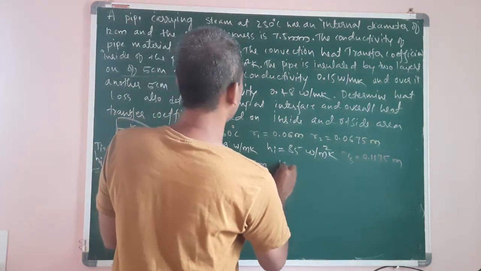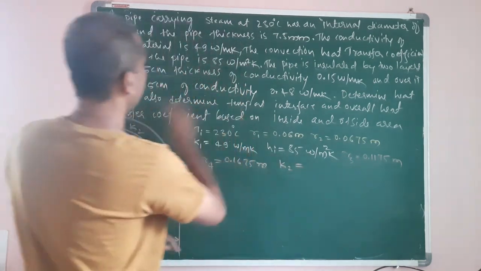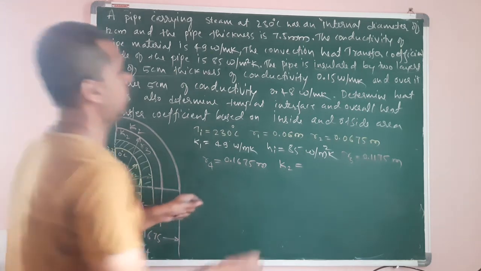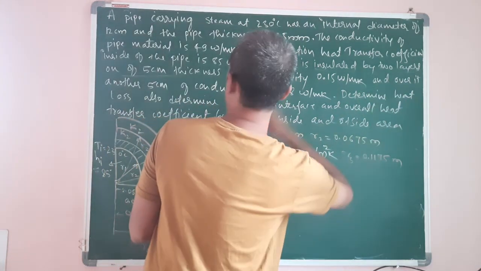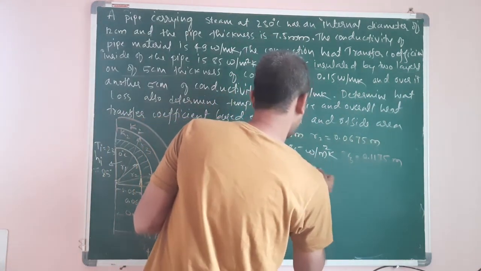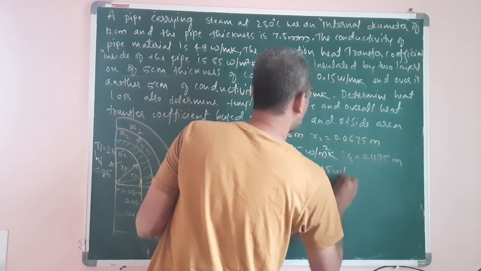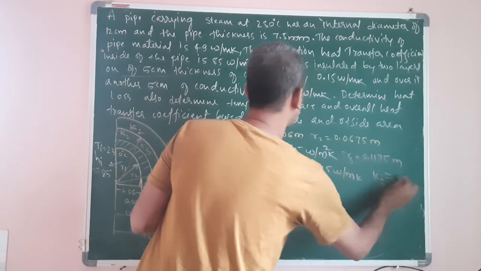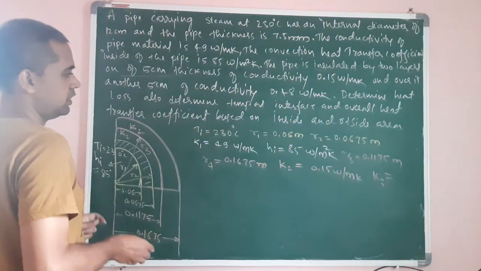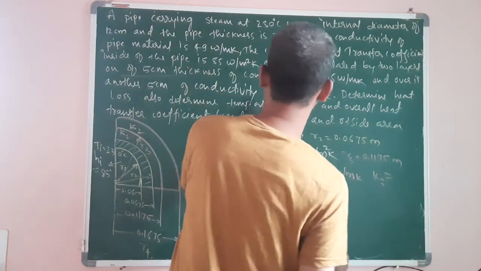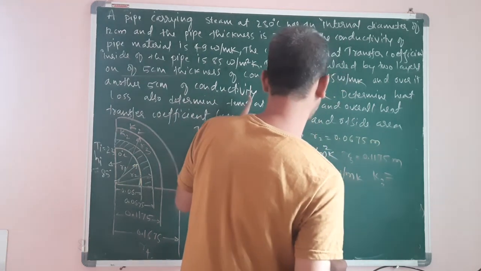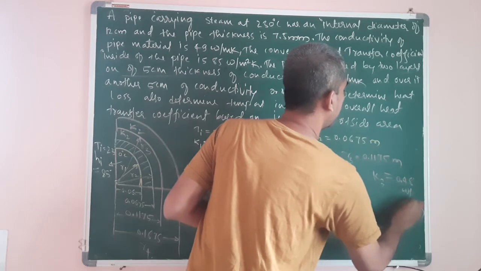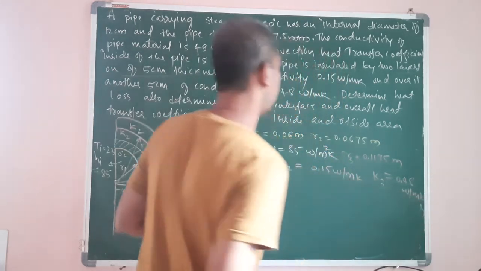For the first layer of insulation, K2 is equal to 0.15 watt per meter Kelvin. And K3, the thermal conductivity of the second layer of insulation, is 0.48 watt per meter Kelvin. Okay, this is the given data.